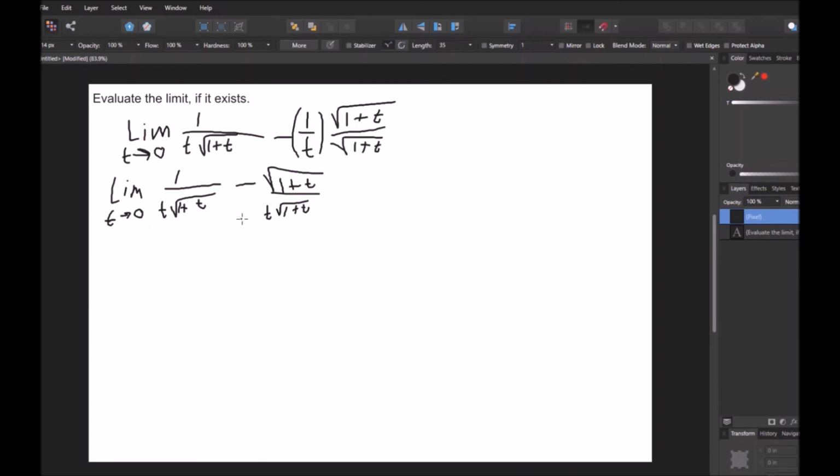So now that these are like denominators, I can actually go through with the subtraction process and make this the limit as t approaches 0 of 1 minus the square root of 1 plus t over t times the square root of 1 plus t.